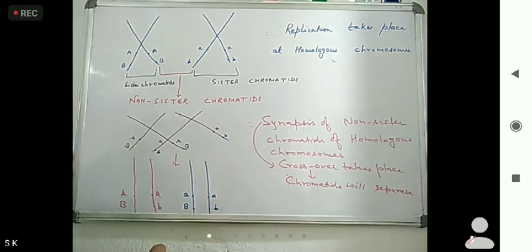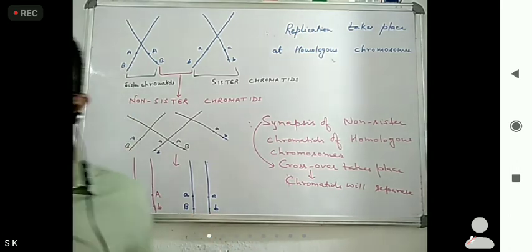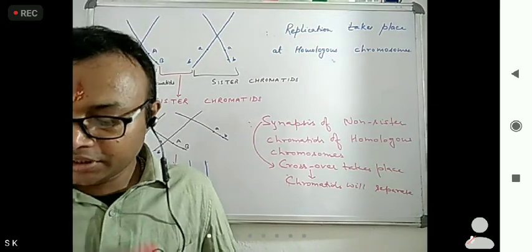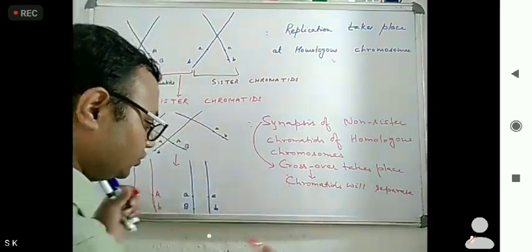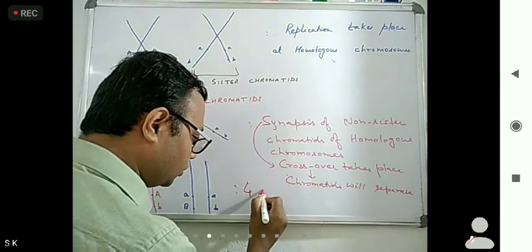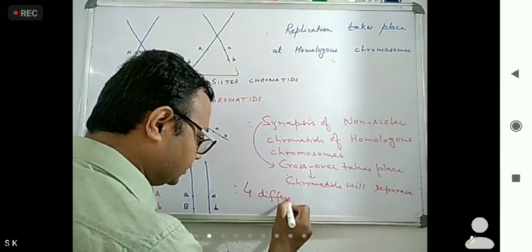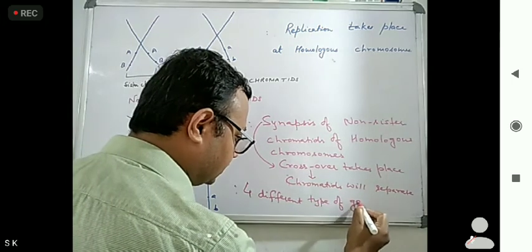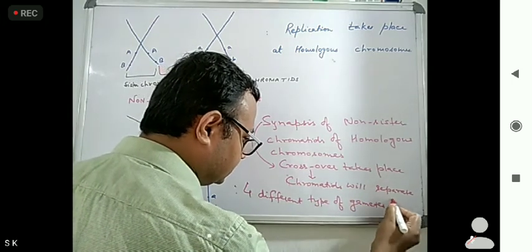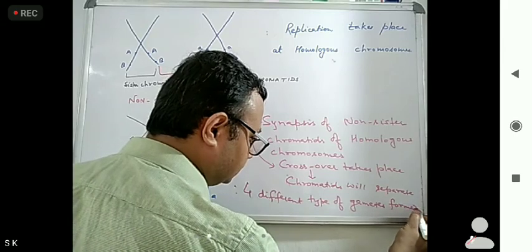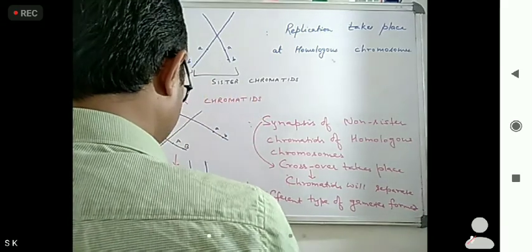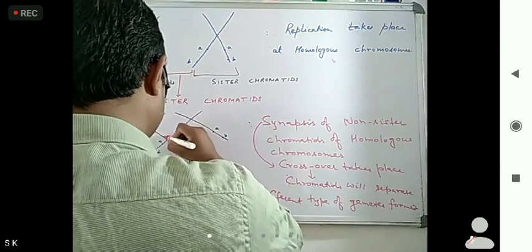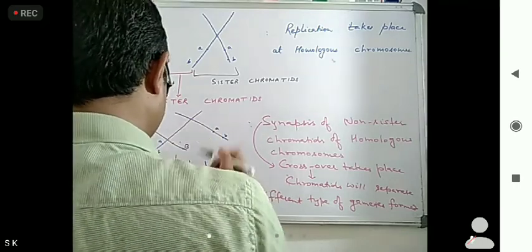So in this way, four different types of gametes are formed.